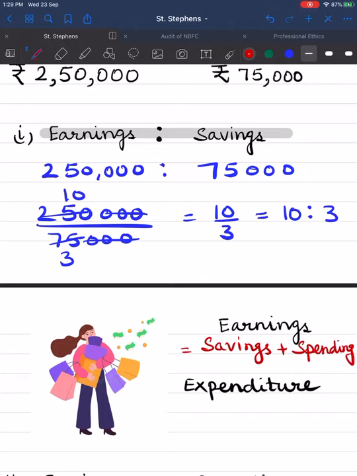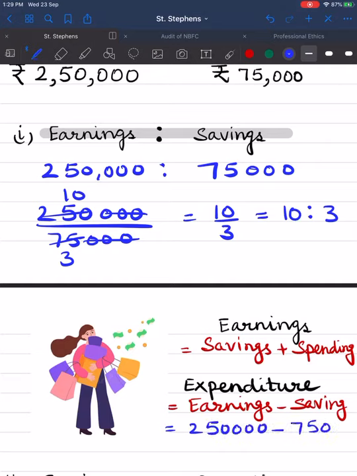So expenditure is equal to earnings minus savings. So here we have 2,50,000 minus 75,000 and we get rupees 1,75,000.